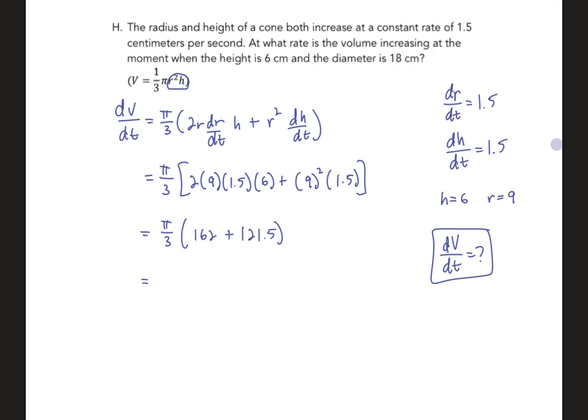So add that to 162. You get 283.5. I'm going to change that to a fraction just because I feel like it. That's 567 over 2. Okay, so final answer, 567 pi all over 6.